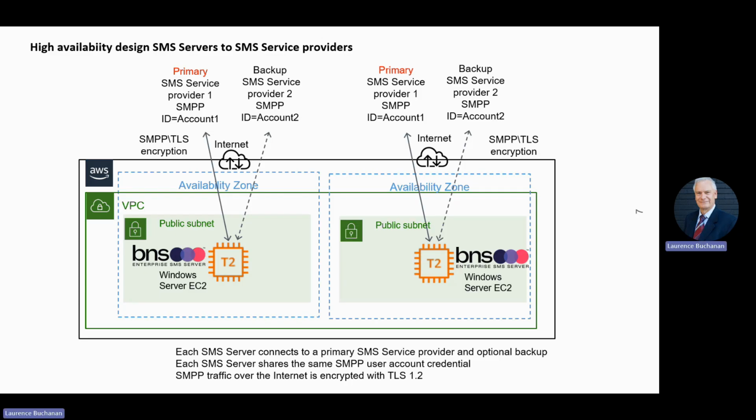It would flow straight in because the receive bind is always up as long as the service provider is up. So you will continue to have two-way responses across both primary and backup as part of a HA design.